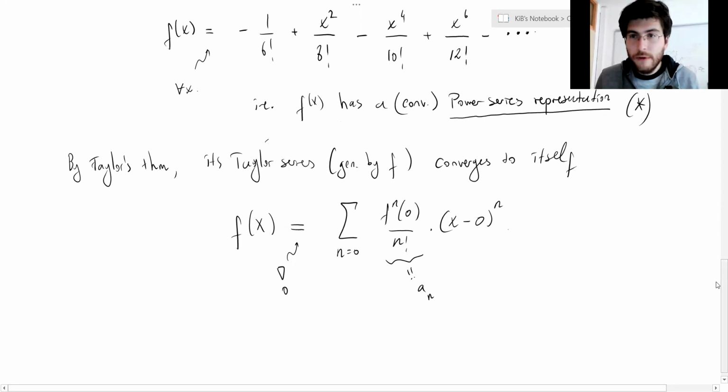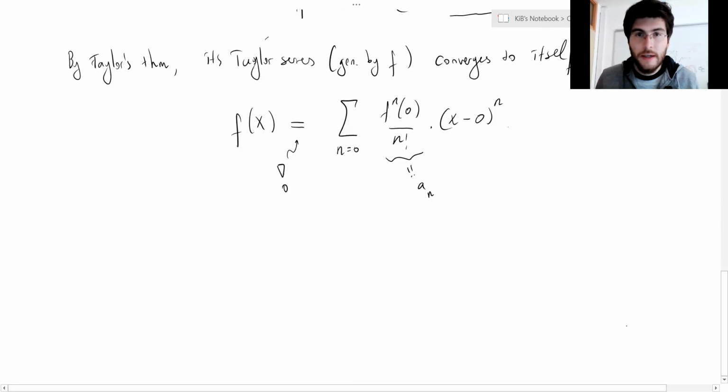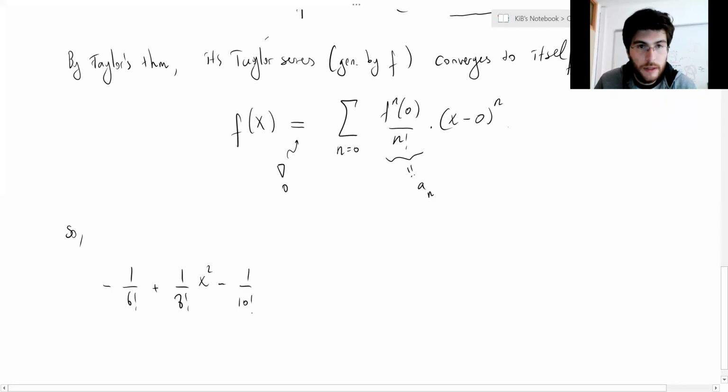And therefore let me write it down carefully. On the left-hand side you have a series representation like this, remember. Let me write it down once more: x squared over 8 factorial, minus x to the 4 over 10 factorial, plus x to the 6 over 12 factorial, minus, it goes like this. This is actually f.